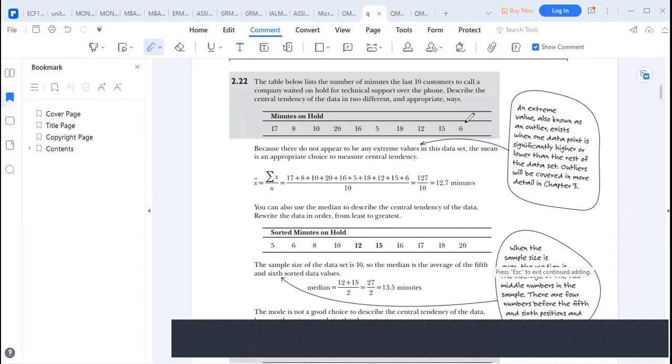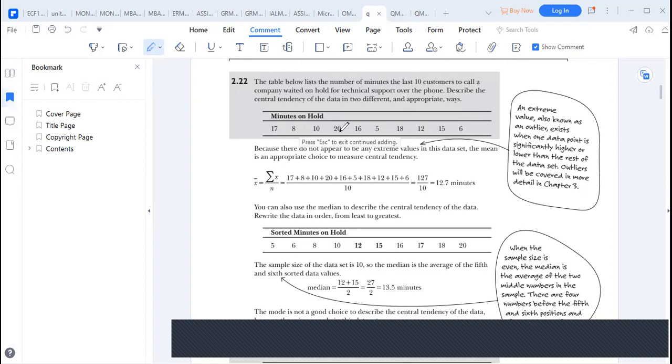Now we want to go to describing the central tendency of data in different ways. So we have the data that has been given here that shows the number of minutes for 10 customers to call a company and to be put on hold.